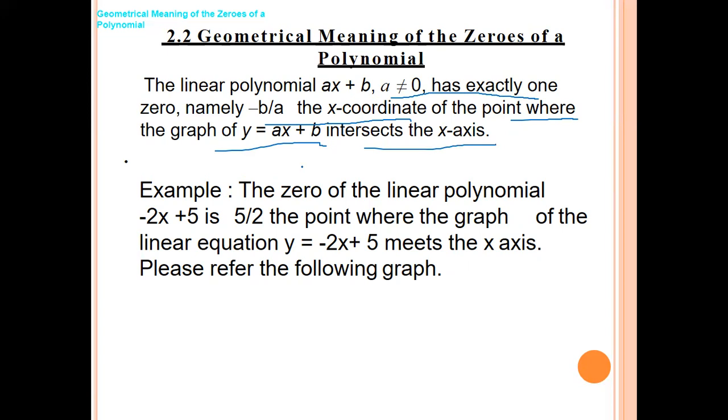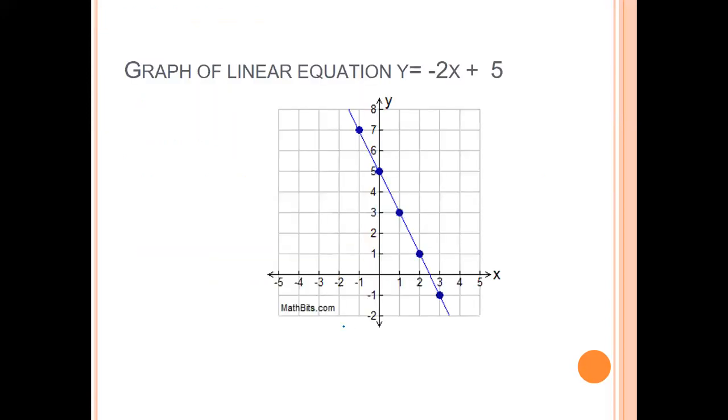For example, the zero of the linear polynomial minus 2x plus 5 is 5 upon 2, the point where the graph of the linear equation y equals minus 2x plus 5 meets the x-axis. Please refer to this graph. You can see the graph of the linear equation y equals minus 2x plus 5. This is the graph.